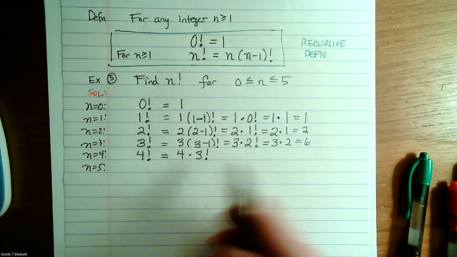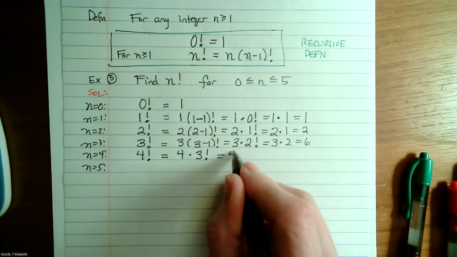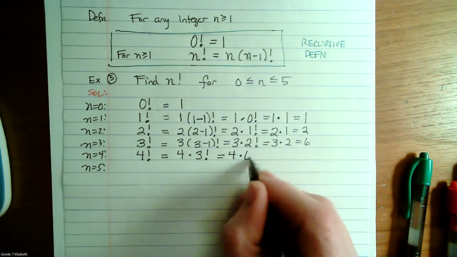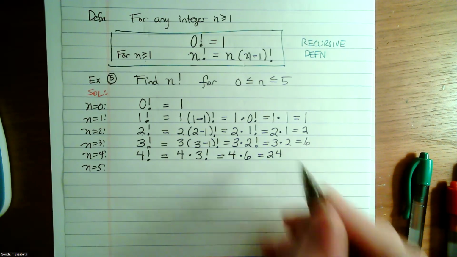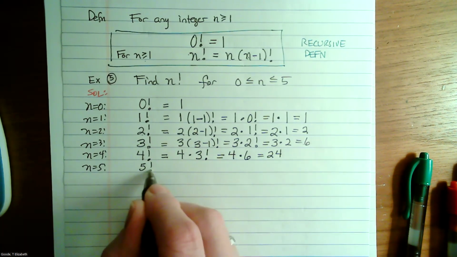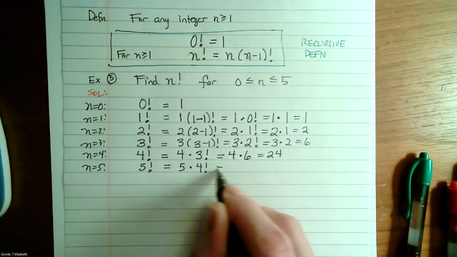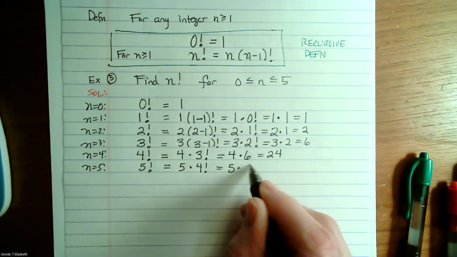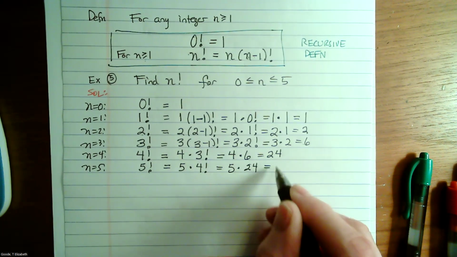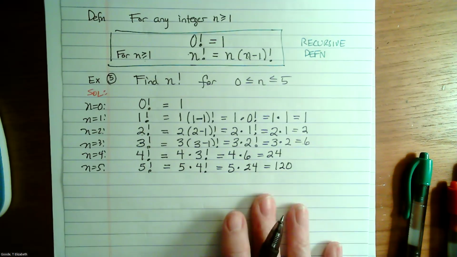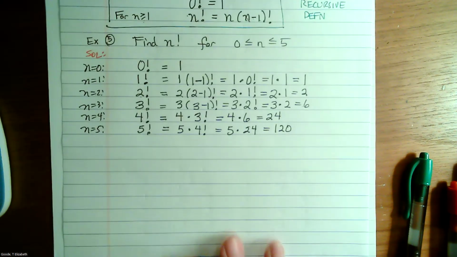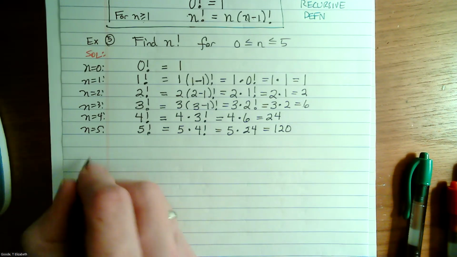We'll just write 4 times 3 factorial. Well, that's 4 times, 3 factorial was 6, and that's 24. Finally, 5 factorial. We'll do one more. It's 5 times 4 factorial. Well, that's 5 times 24. That was what 4 factorial was. And that's 120. Okay, so this is the way that it goes.